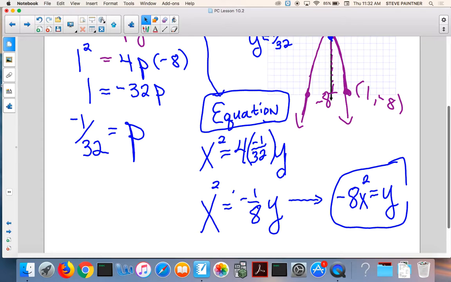Move this over here. So you move 2 over, it's minus. Move this over, it's y. So what's the slope?